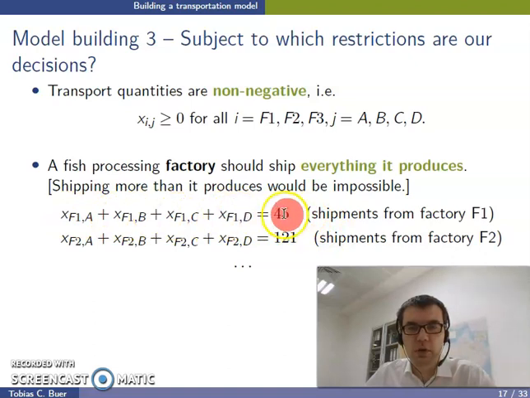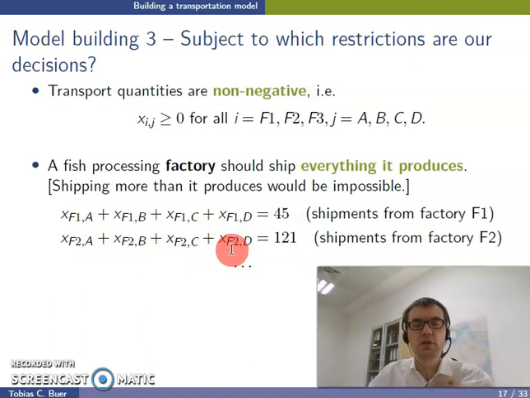Of course, we have to model this type of constraint for each of our 3 factories. So for factory 1, we have this constraint. For factory F2 and F3, we have a similar constraint. For F2, we model everything that is going out of factory F2. You see, we have the index I set to F2 here.